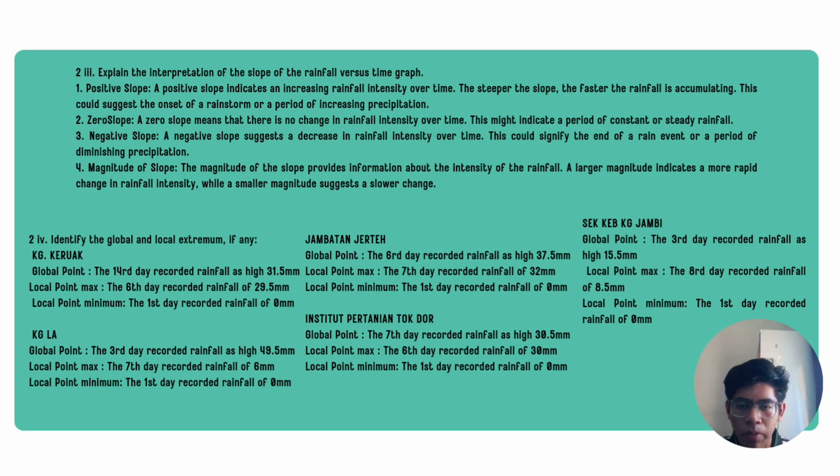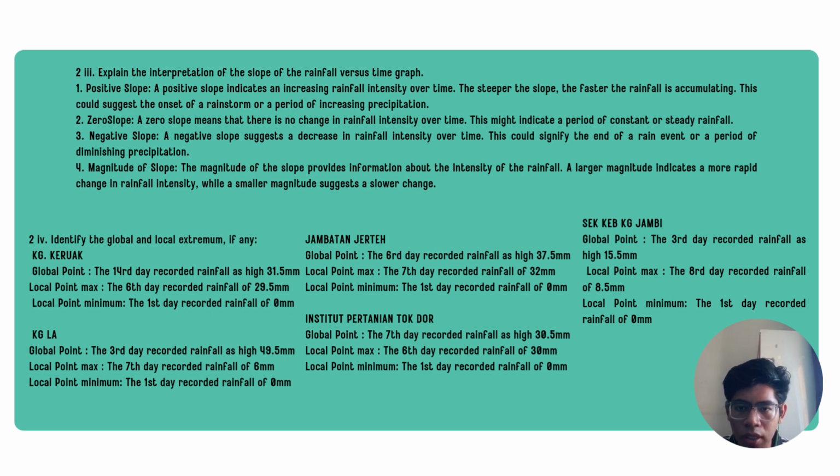Okay, and lastly, my part is to identify the global and local extremum for the 5 stations that we chose: Kampung Keruak, Kampung La, Jambatan Jetih, Institut Pertanian Tok Dor, and Sekolah Kebangsaan Kampung Jabi. Okay, I will explain first for Kampung Keruak.